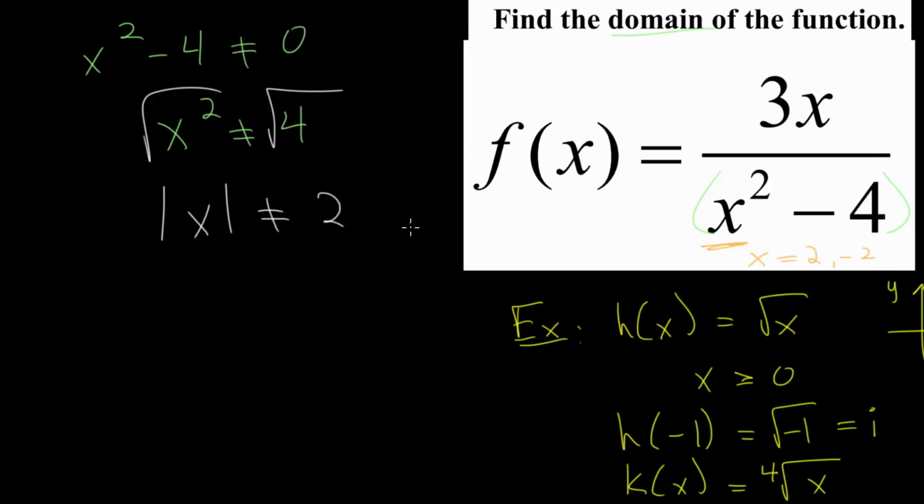And with an absolute value equation, we can split it into two different parts: when this is a positive number or when this is a negative number. And the absolute value bars will flip it to positive, since absolute value is just asking how far is that number from 0. And we're looking for numbers that are 2 units away from 0, and that would be positive 2 and negative 2.